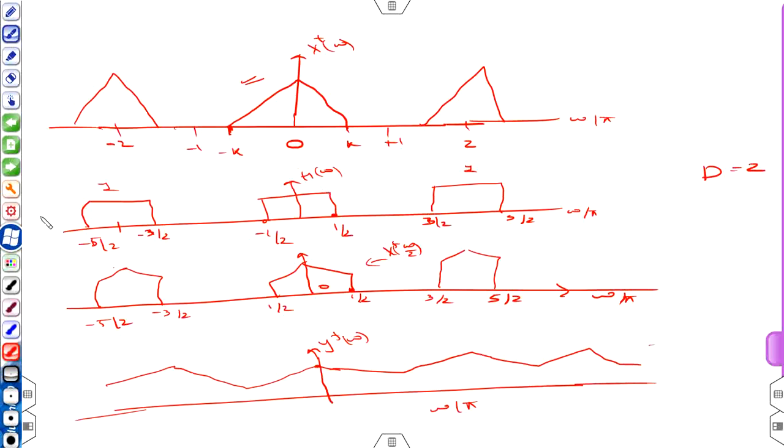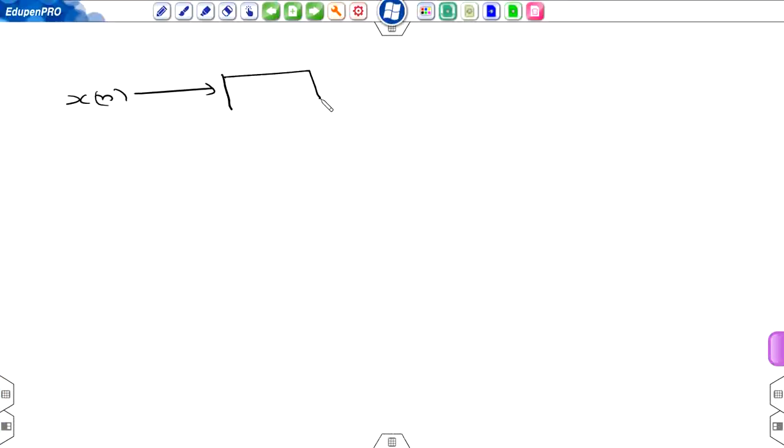Okay, so we cannot directly provide x[n] to the downsampler. We have to provide it to the low pass filter, and then we can feed the output of the low pass filter to the downsampler D. Okay, so let the output of this low pass filter be v[n].